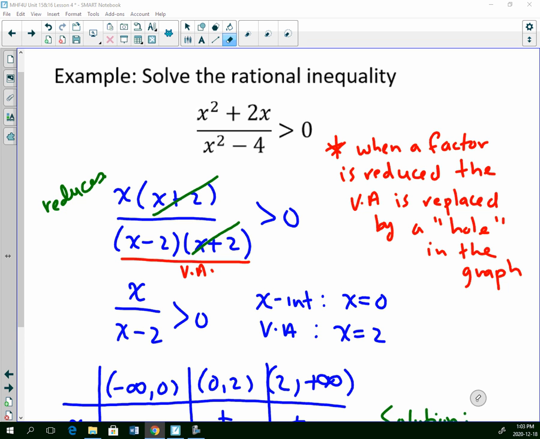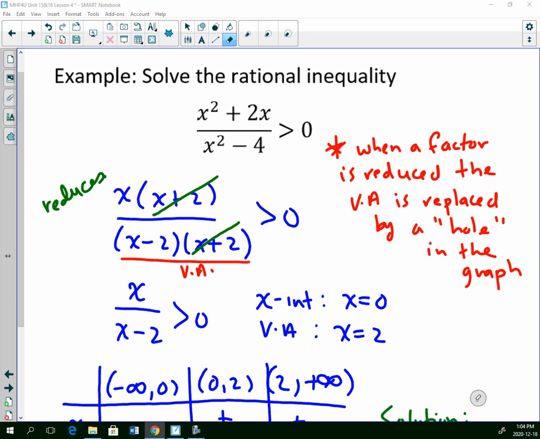So I'm just going to type this into Desmos just to show you. I think I need brackets here. Okay, divided by x. So I'm not going to put it in factored form.